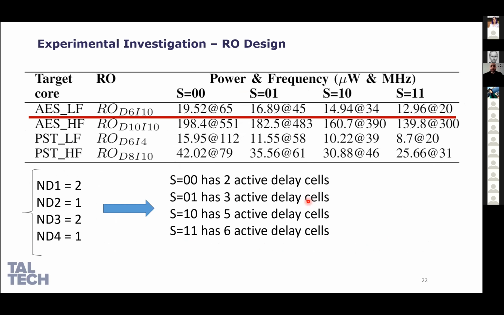As I said before, the density doesn't change much, so you have to only design for ring oscillators regarding the frequency of the target. And here, highlighting, I'm showing you a ring oscillator with 6 delay cells and 10 inverters, and as the frequency goes up, the power consumption increases from 20 microwatts to 13 here.